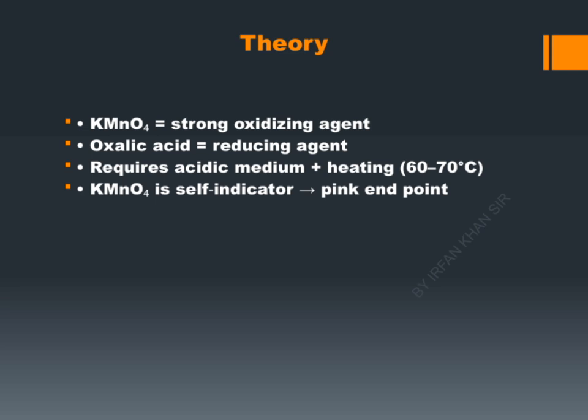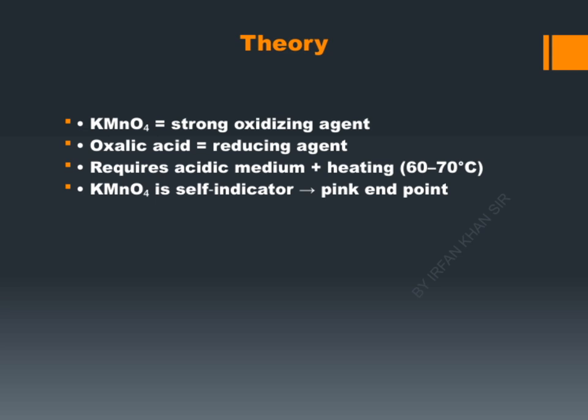Additionally, heating the mixture to around 60 to 70 degrees Celsius is necessary to speed up the reaction and ensure it goes to completion. One interesting point is that KMnO₄ is self-indicating. This means it has a built-in indicator property. As the reaction reaches its endpoint, the color changes to pink, signaling that the titration is complete.